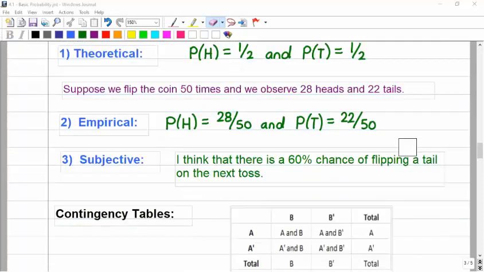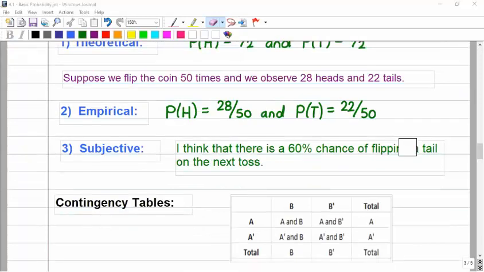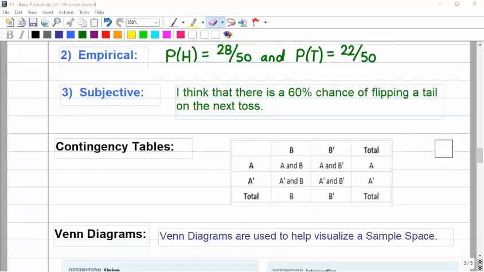Let's look at contingency tables. This was defined in one of the other sections: contingency row-column tables. I don't think we did much with them back then, but now we're going to have a little fun with them. Oftentimes there'll be words here instead of symbols, but that's all right. Let's look at how these work.